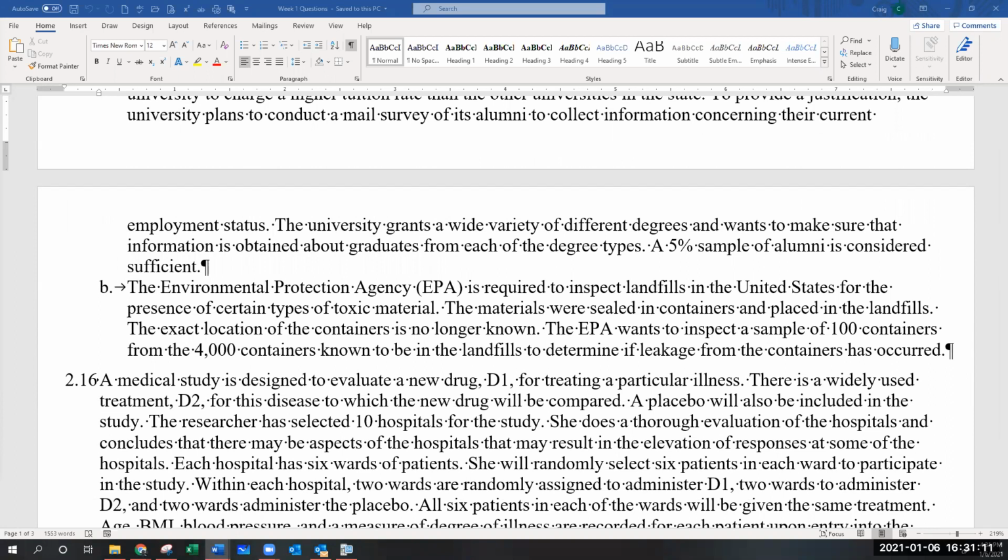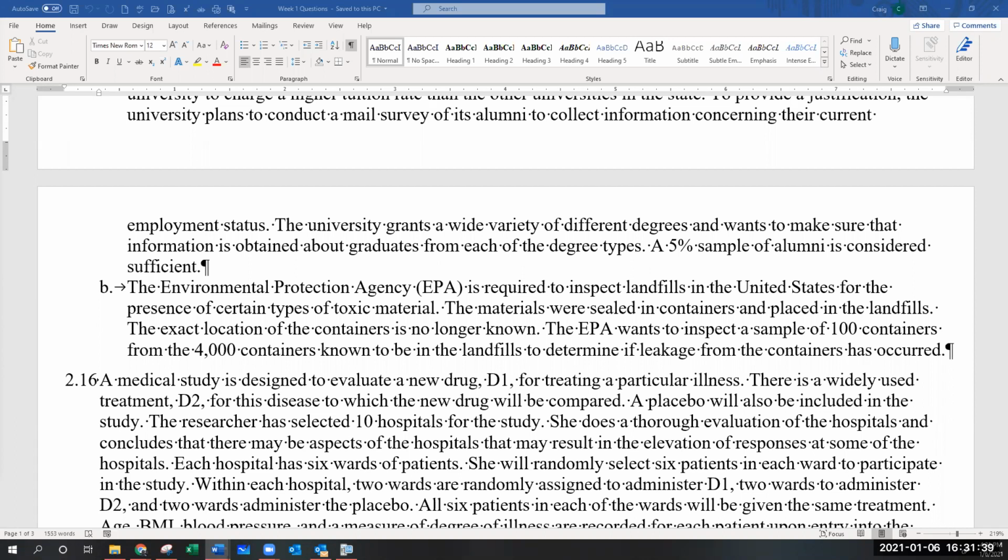But I guess our question is, what is the goal of this? Is the goal to locate the containers for the EPA, or is the goal to actually do enough tests to get the 100 containers tested? Well, the goal is that they just want to inspect a sample of 100 containers, right?